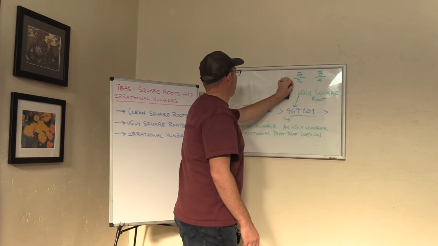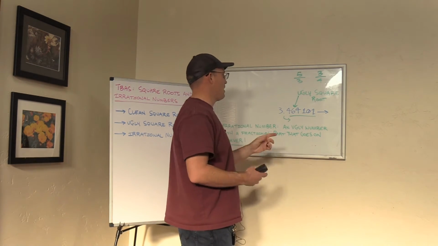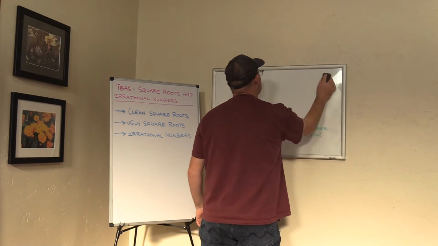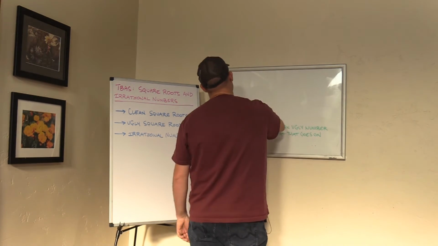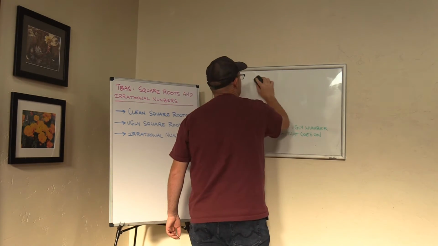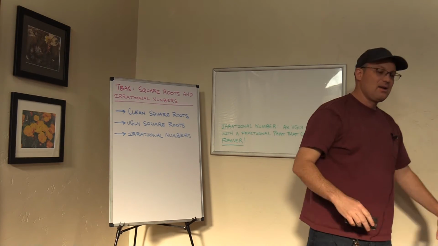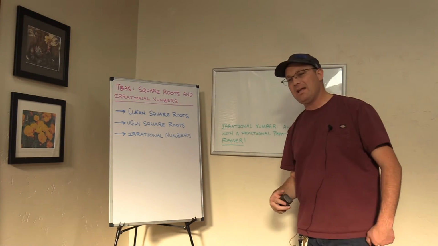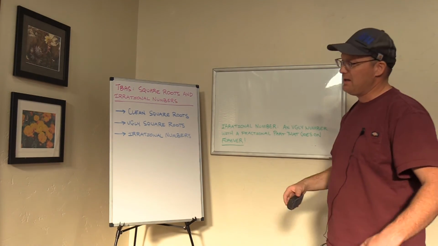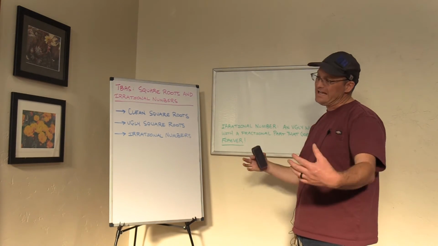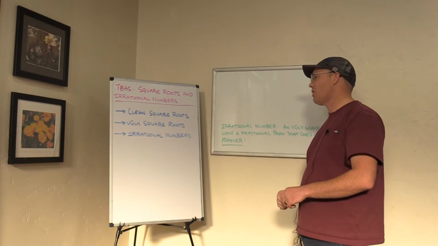Yes, most square roots are irrational numbers. There are way more square roots that are ugly than there are square roots that are clean. So there's a lot of irrational numbers in square roots. There are other irrational numbers in mathematics. Pi, the number pi, is an irrational number. There is a special number called Euler's constant, or e, the little letter e, that is also an irrational number.